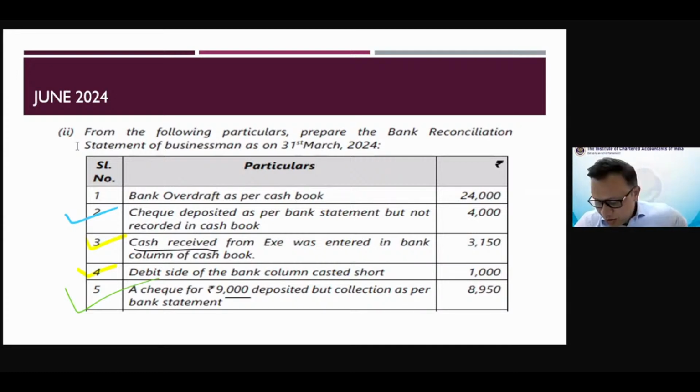Normally, what happens is that sometimes some companies think that is bank charges, because the amount is only 50 rupees, and they account it as bank charges. But we cannot take anything as bank charges unless we receive instruction from the bank.